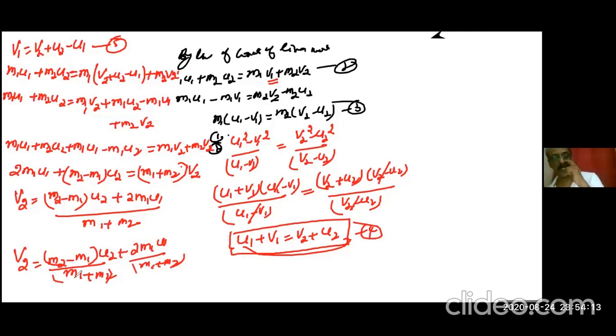So this is the way this equation is usually represented: V2 is equal to M2 minus M1 by M1 plus M2 into U2 plus 2 M1 U1 by M1 plus M2.